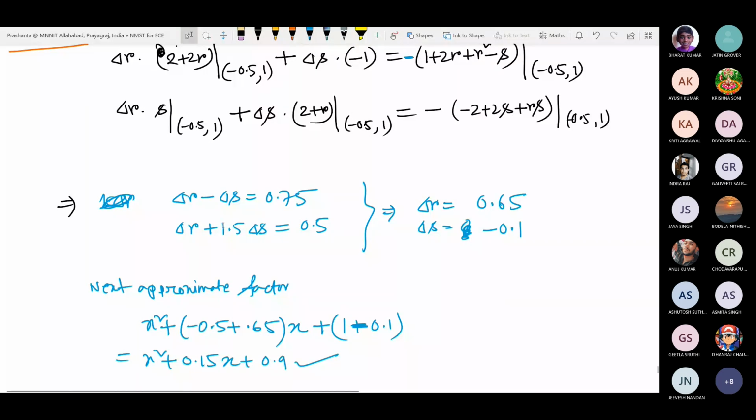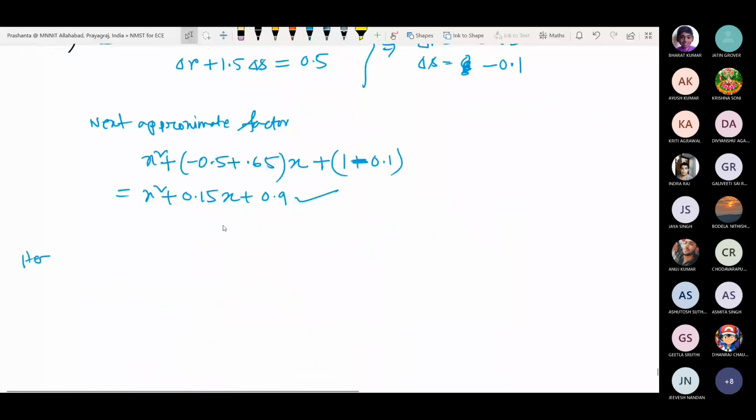Second, you will have to repeat the procedure in iteration 2. I will not be doing the whole calculation this time. So this time, what is R? 0.15 and S 0.9. Now again you will be solving these two equations.